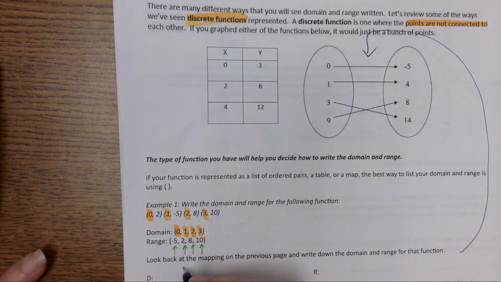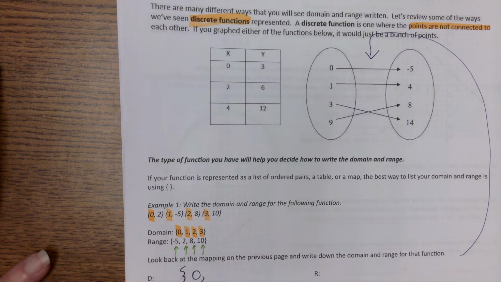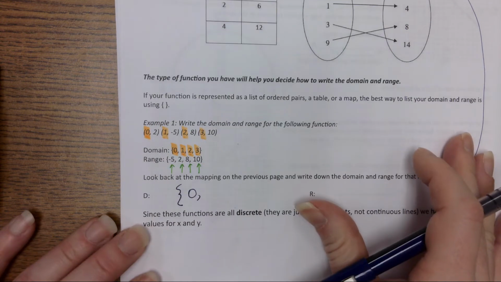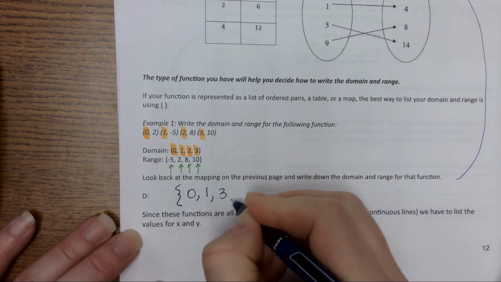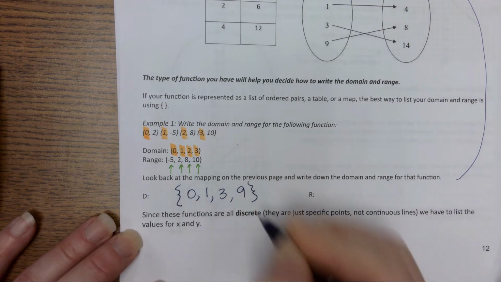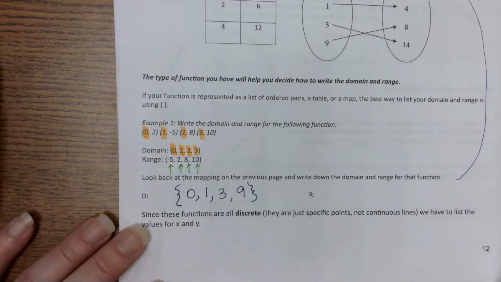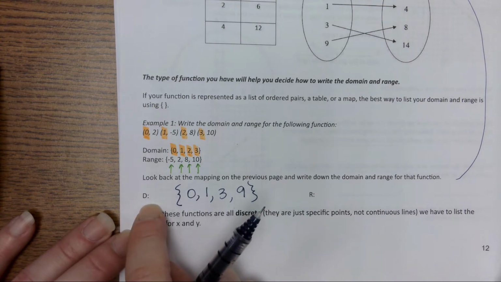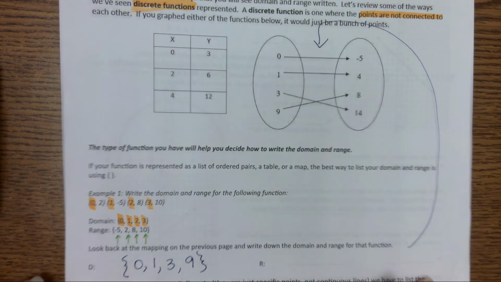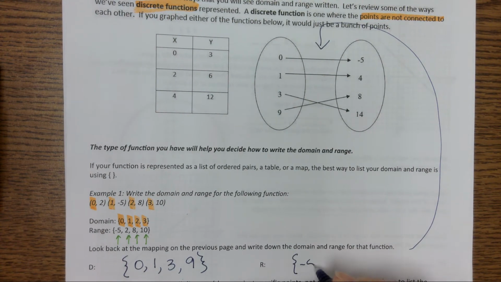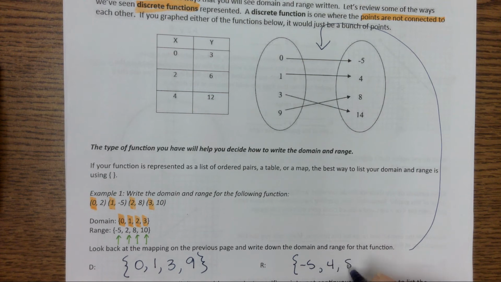So the way we'd write it is 0, 1, 3, 9. D stands for domain. How would you write the range? -5, 4, 8, 14.